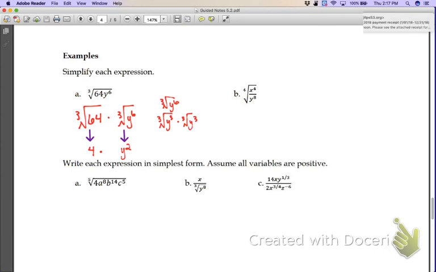What's going to happen here? Y. What's going to happen here? Y. What's y times y? Y squared. All I'm really doing is taking 6, dividing it by 3, and getting the 2.